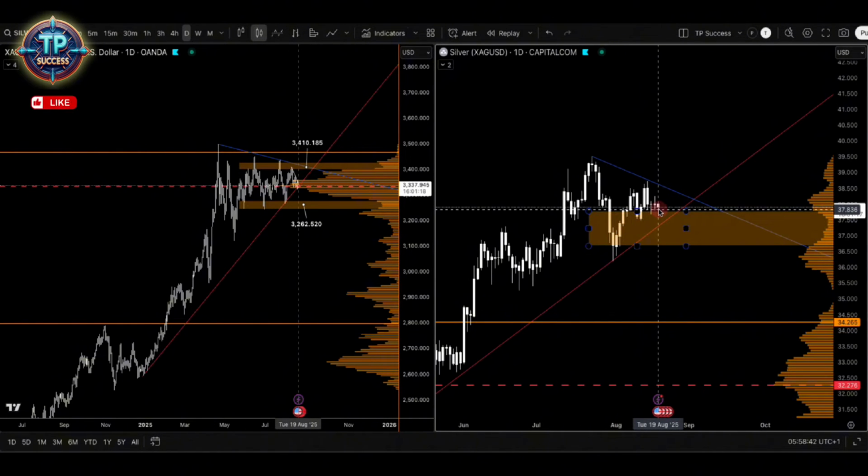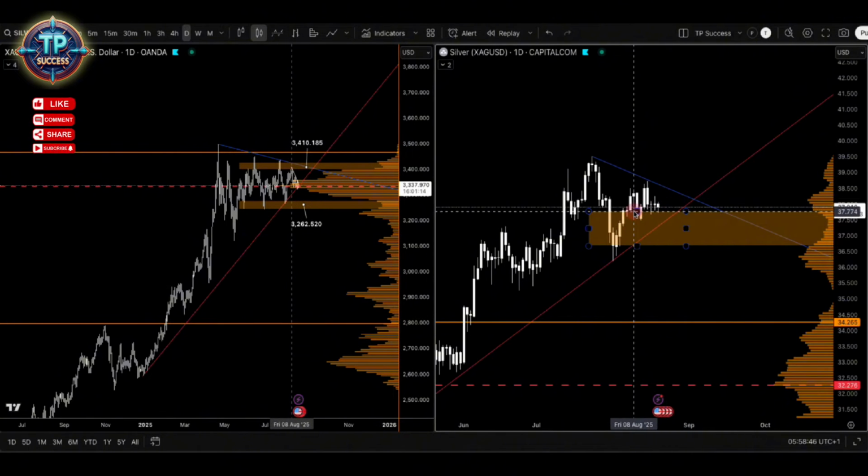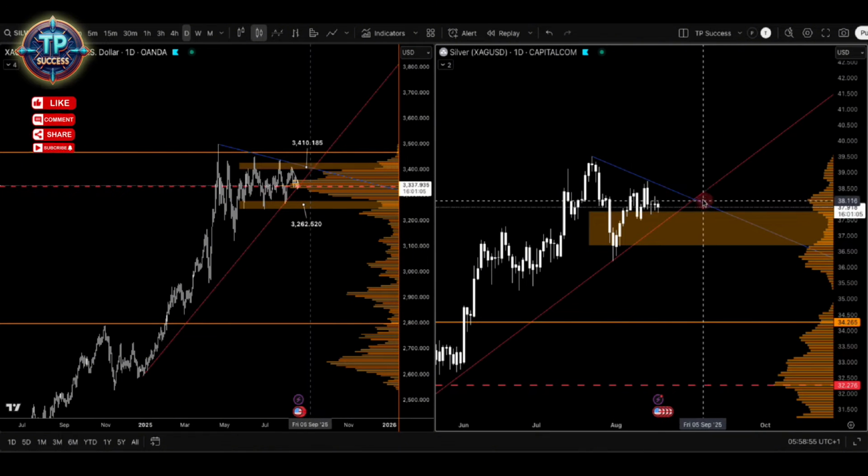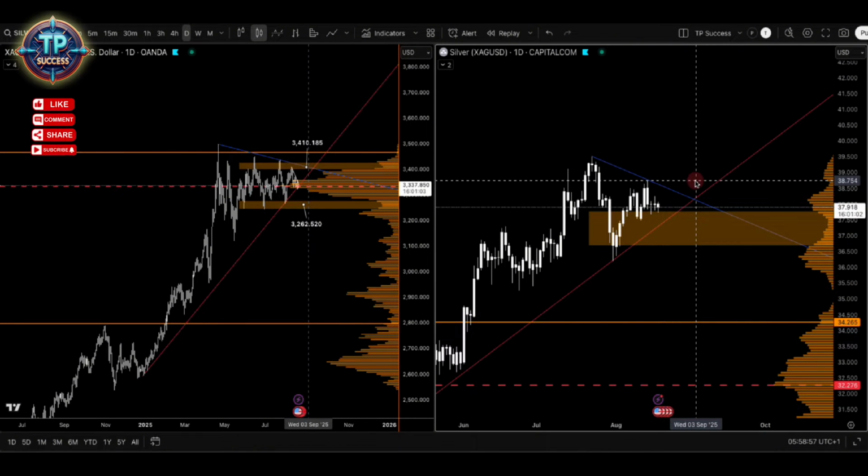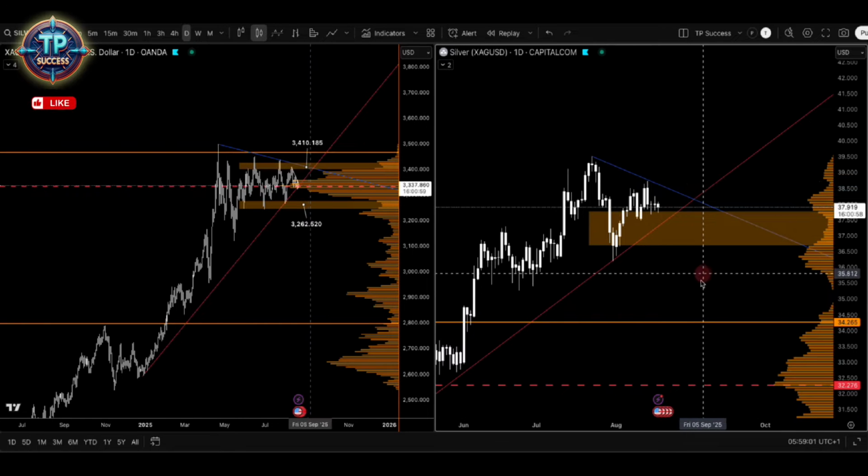And I'm expecting silver to push to the upside. So basically, bounce off 37.77. I'm expecting it to do that, right? And close above these levels over here. So I'm expecting the same thing in gold as well. I'm expecting a push to the upside.